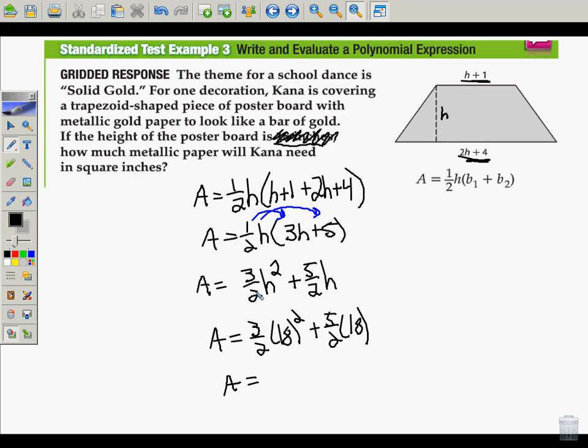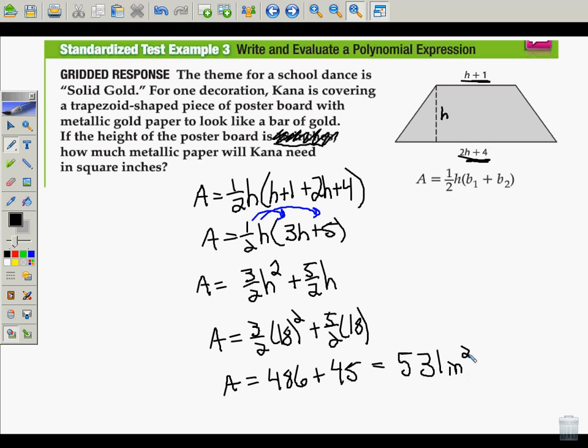So when you take 324 times that 3/2, you do times 3 divided by 2, and you'd get 486, plus 5/2 times 18. Well, 5 times 18 is 90. Divided by 2, you get 45. So when you actually find the area, you would get 531 square inches.